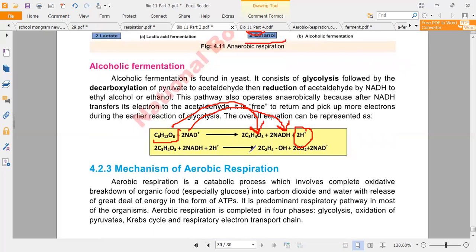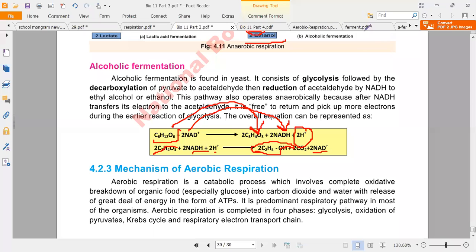But here this pyruvate is changed into ethyl alcohol or ethanol, and this NADH is again reduced back into NAD, and we get carbon dioxide also in this reaction.